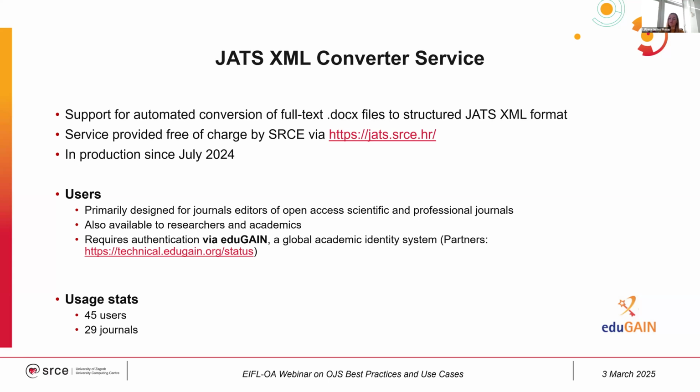There is no formal request process to use the service, but it's mandatory to authenticate using an Edugain account. Edugain is a global academic identity system. And here is a link on the presentation with a list of partners.